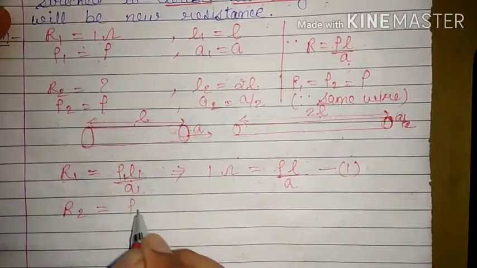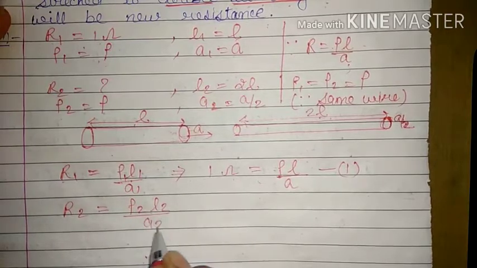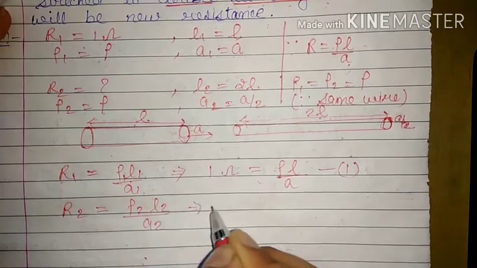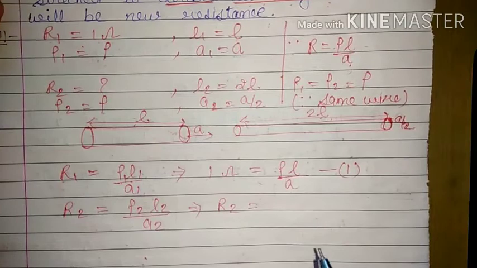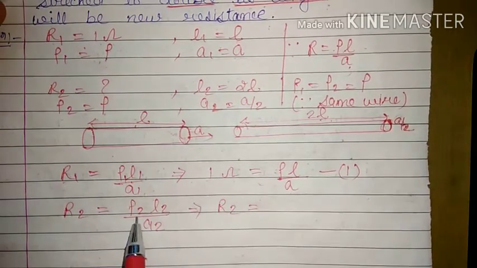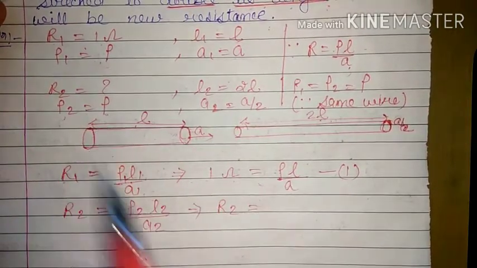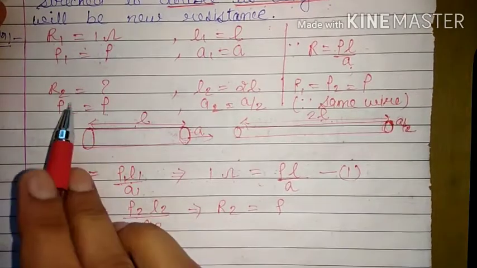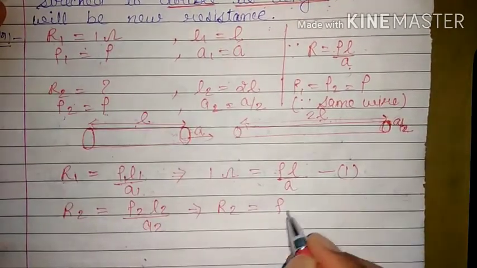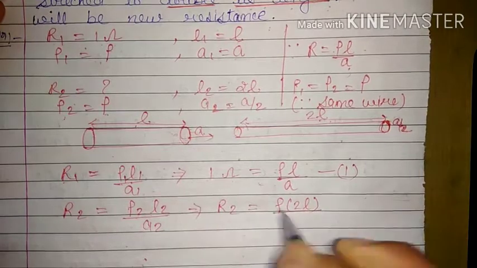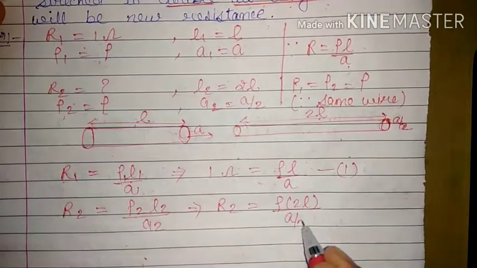Okay, now we have to calculate R2. For that we will need rho 2 L2 upon A2. R2 we do not have, we have to calculate it, and what we have is rho 2, which is equal to rho. Then length is equal to 2L, upon area A by 2.